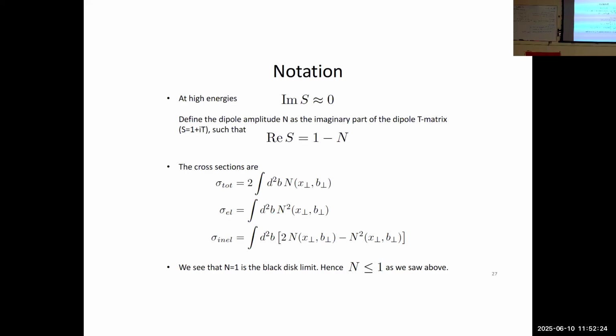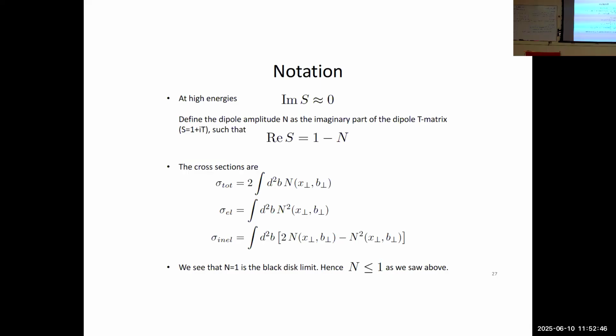Okay, great. So we have a nonlinear evolution equation. We can rewrite it in terms of the scattering amplitude N, right? This was done for the S matrix, and now we can switch to the dipole amplitude N. That's a very simple transition, right?